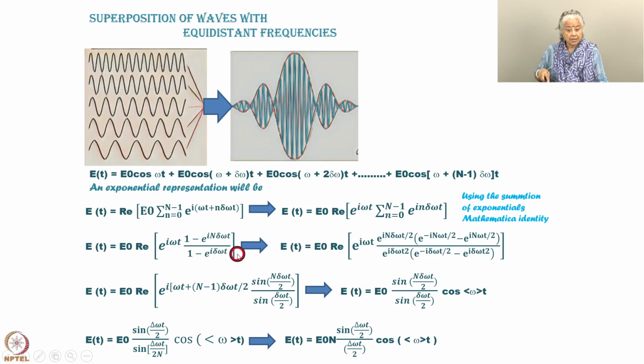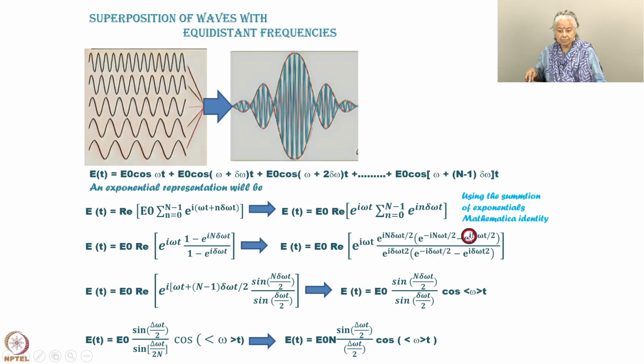Then this works out to something like that. Here nothing has been done, just a little bit of jugglery of e to the power i n delta omega t, just so that we get into a form that we can interpret, so the final form of the wave can be interpreted well.